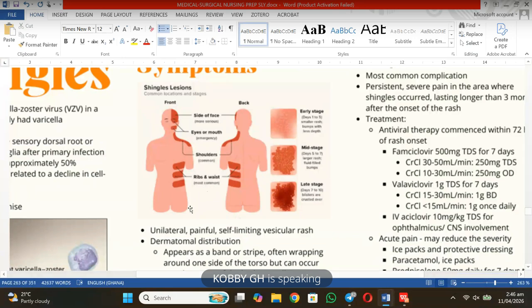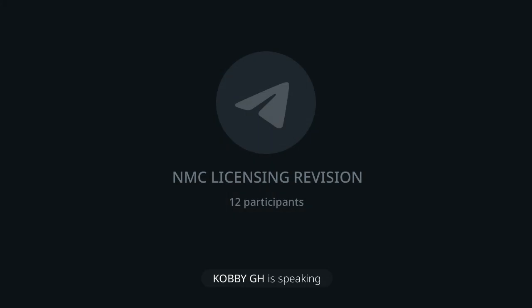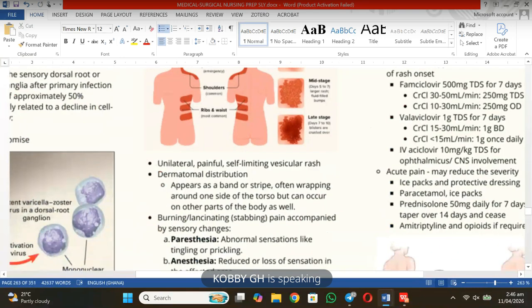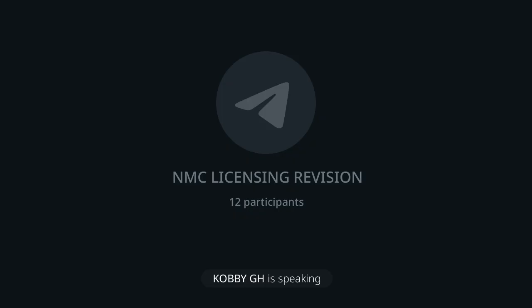So if the examiner says a patient is having a unilateral rash, automatically you remember that this is likely to be shingles. You usually see the manifestation at one side of your body. Okay, great. All right, that is fine.